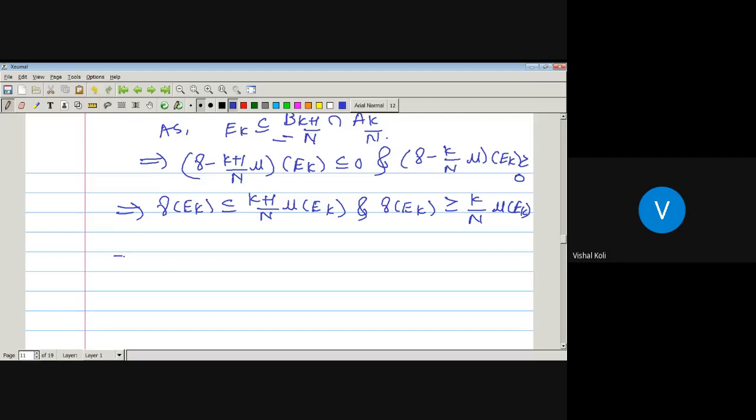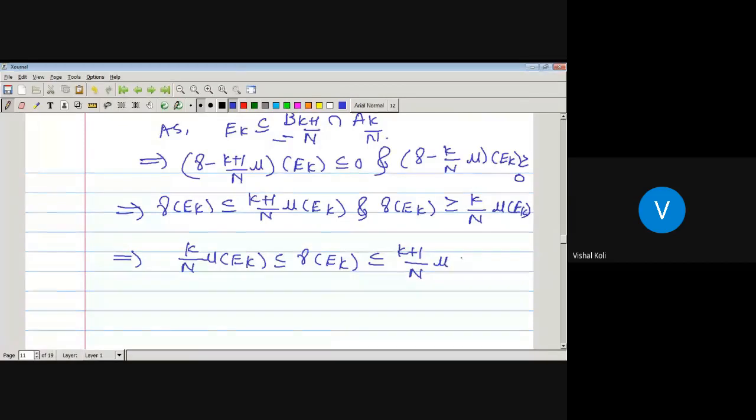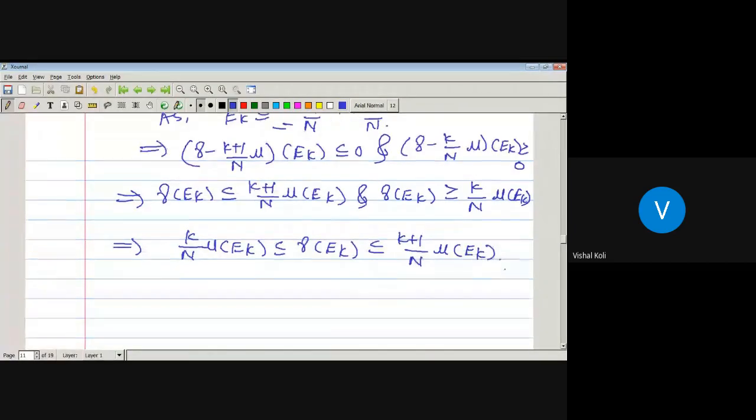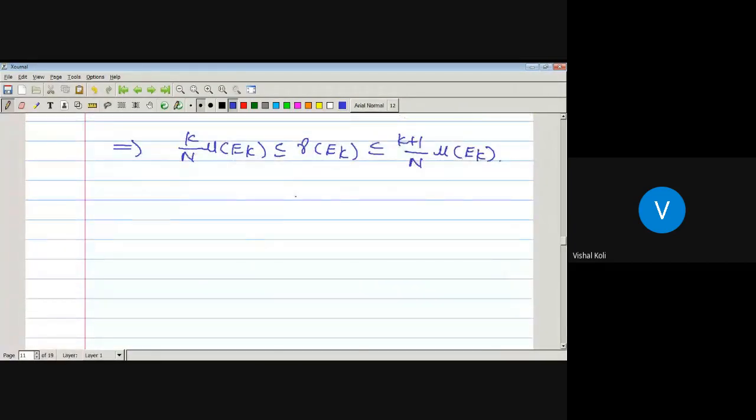So combining these two, we get k/n measure of E_k is less than or equal to (k+1)/n measure of E_k. So up to now, first we will consider this part. Take this as equation 3.